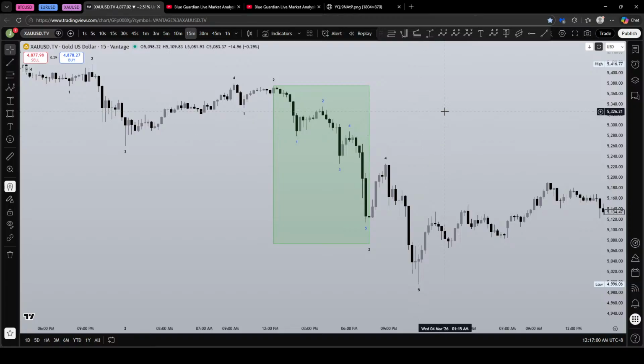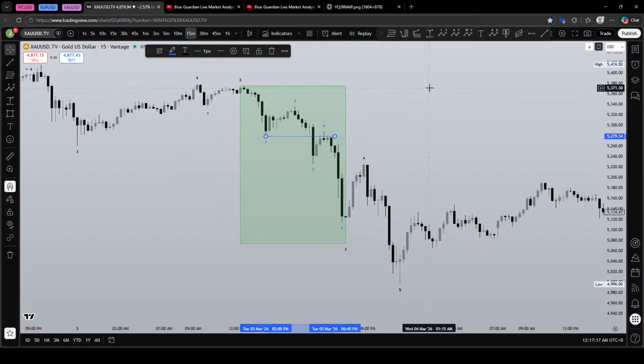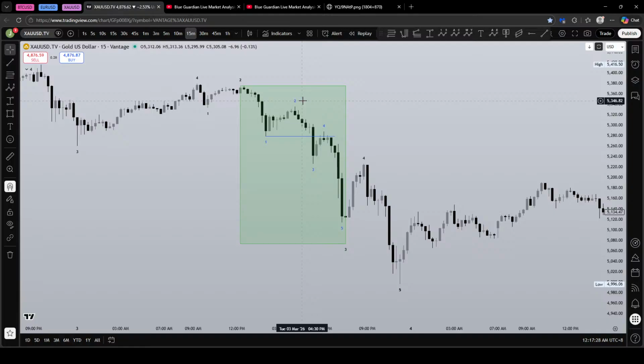However, when we talk about the third cardinal rule of Elliott wave theory, wherein wave 4 must not go beyond the territory of wave 1, as you can see here, it's clear that wave 4 went beyond the territory of wave 1, or overlaps it, which will not satisfy the third cardinal rule.